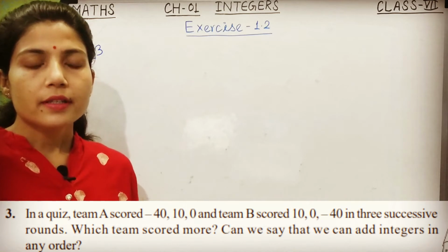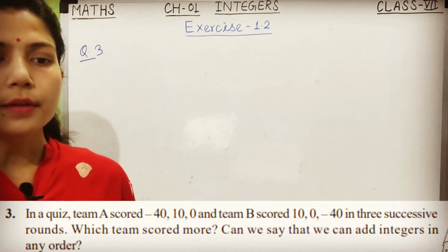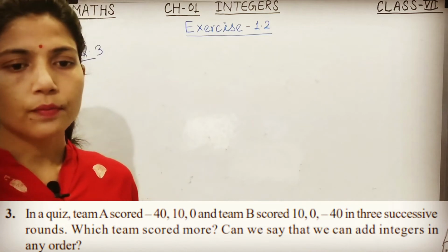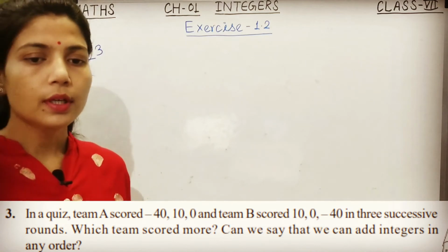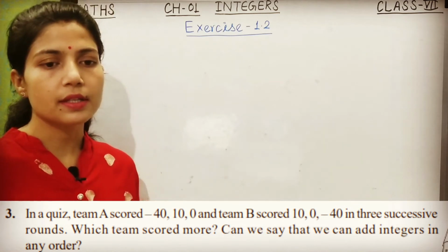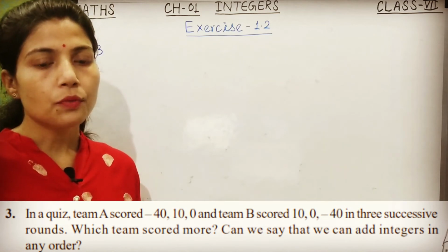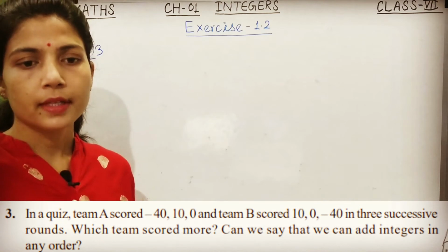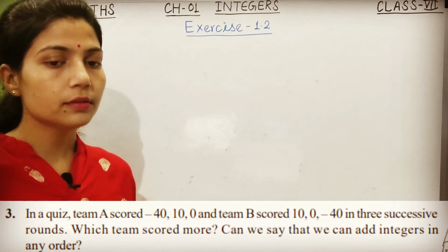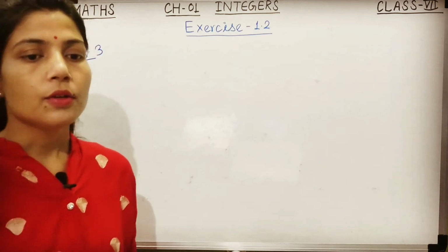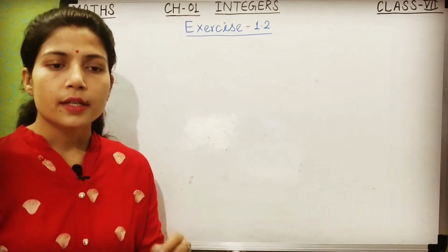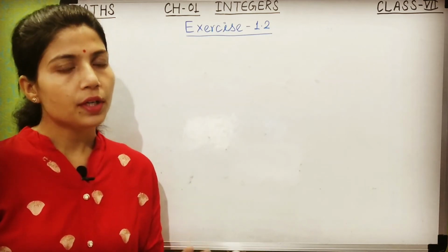In a quiz, team A scored -40, 10, 0 and team B scored 10, 0, -40 in 3 successive rounds. Which team scored more? And can we say that we can add integers in any order? So in this question, there is a quiz and there are 3 rounds in it.